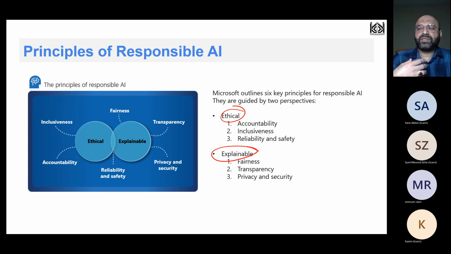So if it is making a decision on me, or let's say on my personal health data, it is keeping it private, not just distributing it to the entire world. And the security as well, like the IT systems security, that it is running in a secure environment. Let's say the storage is secure, the environment is secure, network is secure, and data is secure. It is not openly available for people who do not have any interest in it. Okay.